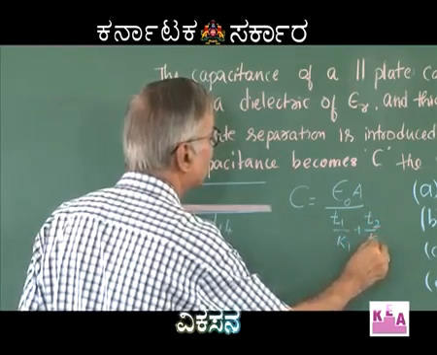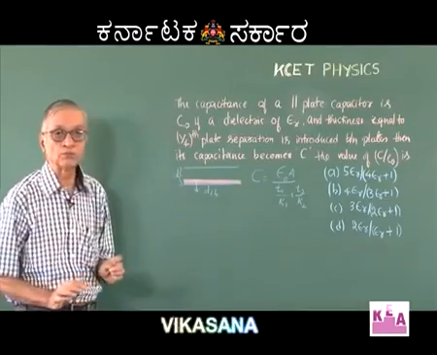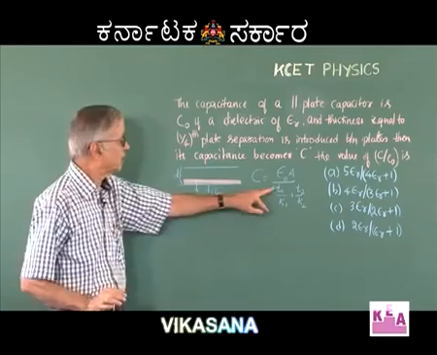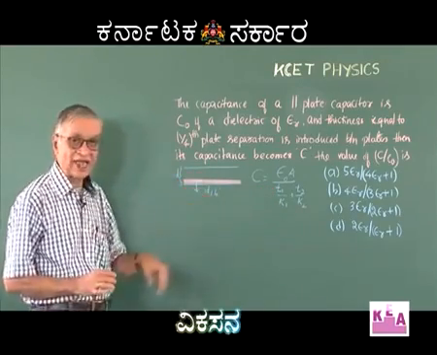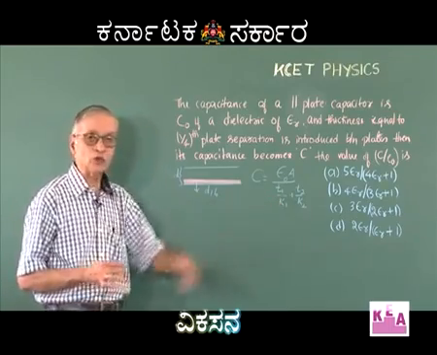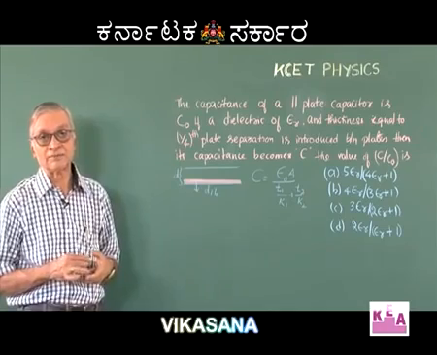The same thing can be continued, but for the time being I will take only 2, where T1 and T2 are the thicknesses of the two media, K1 and K2 are their respective dielectric constants.